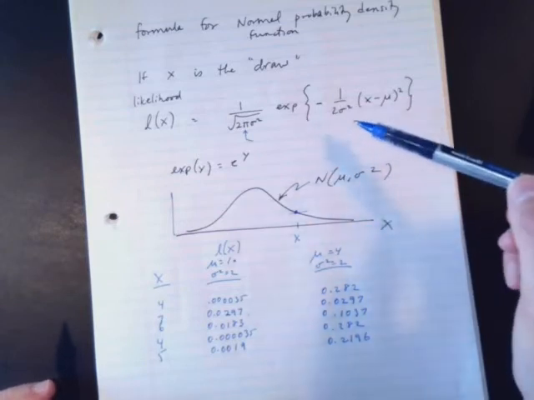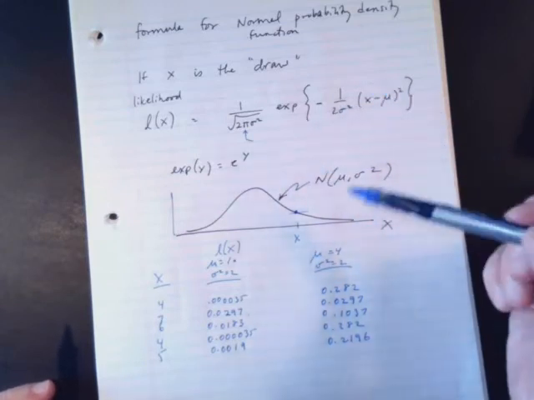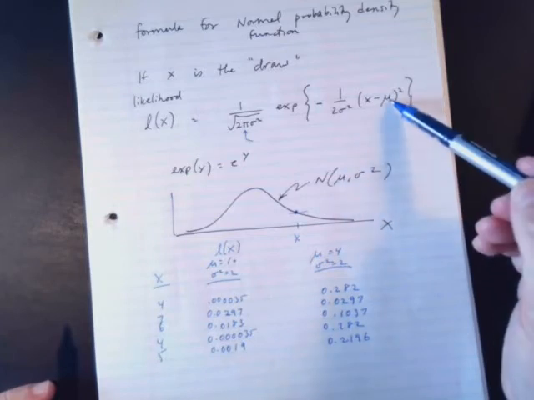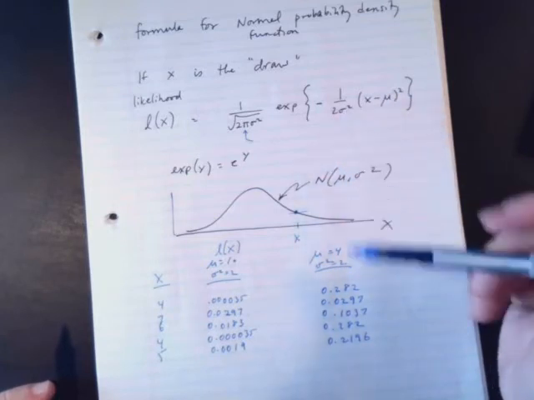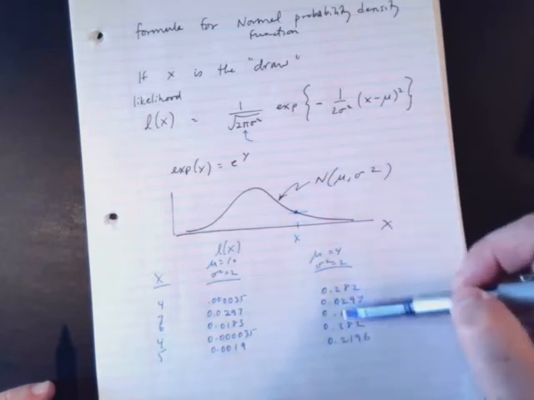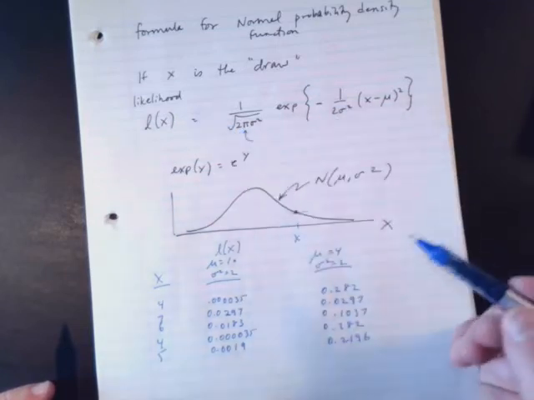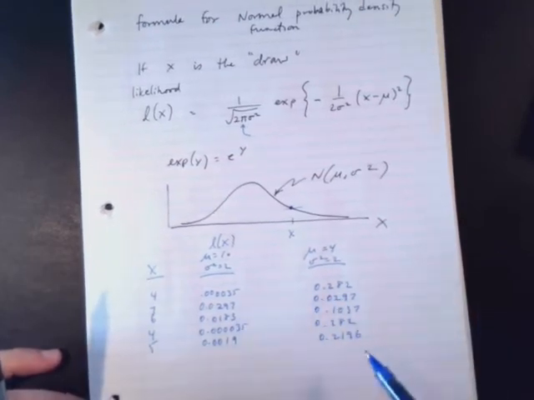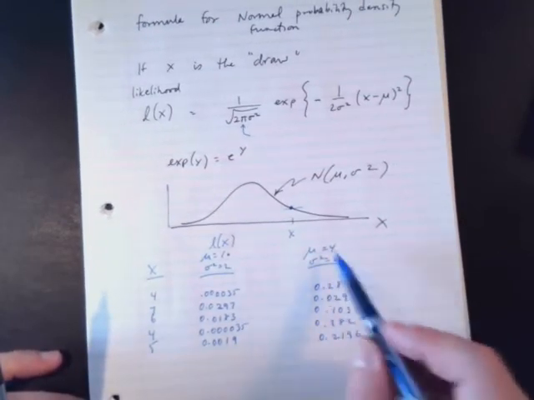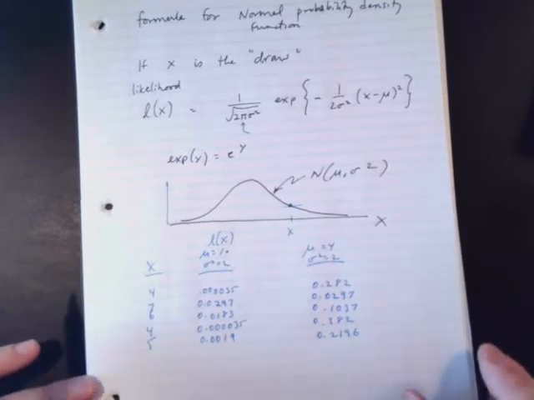I use this formula. I take mu equal to 4, sigma squared equal to 2, and I just plug in the x's, and I get Lx for each one. So these are bigger numbers. So this is more likely to be the right answer.